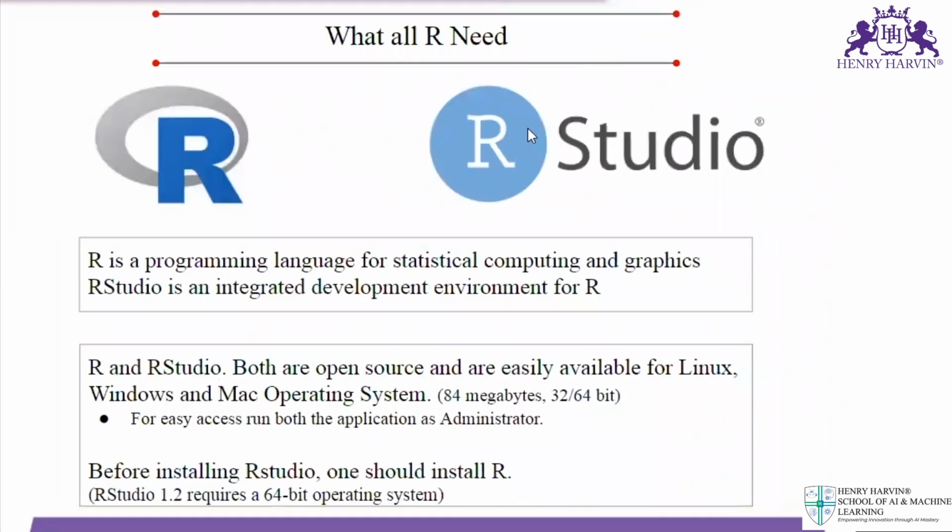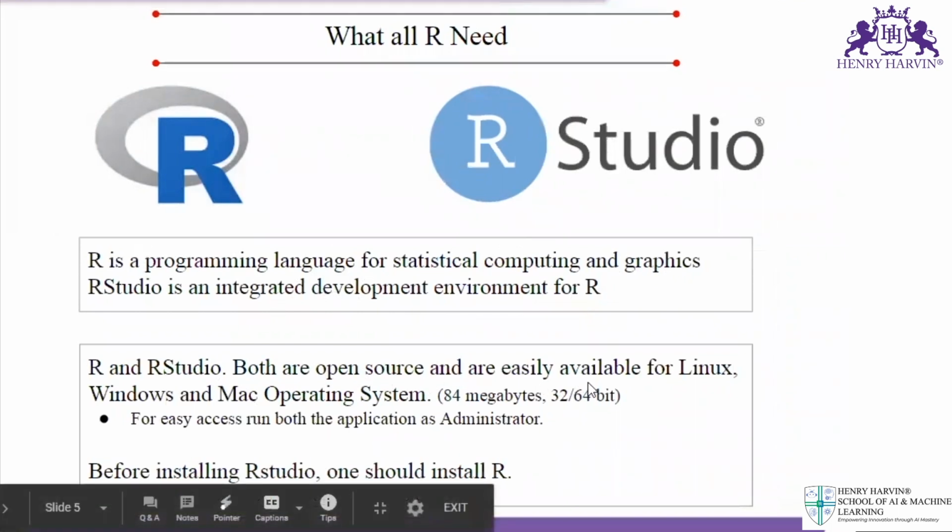Then what do we need for R? The first thing we need is R and RStudio. R is a programming language for statistical computing and graphics. So we will be installing R. Then we will be installing RStudio, which is an integrated development environment for R. They both are open source and are easily available for Linux, Windows, and Mac operating systems.